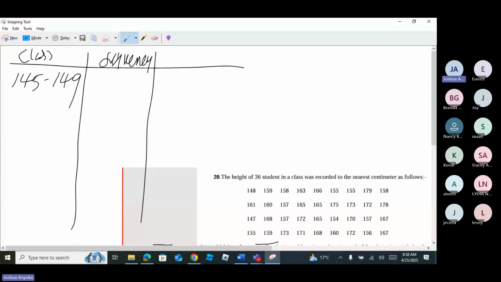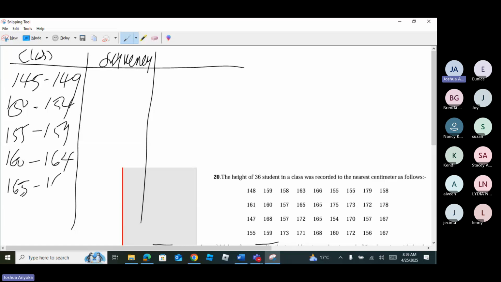Next class will be 150 to 154, 155 to 159, 160 to 164, 165 to 169.